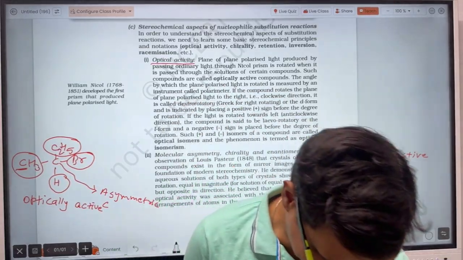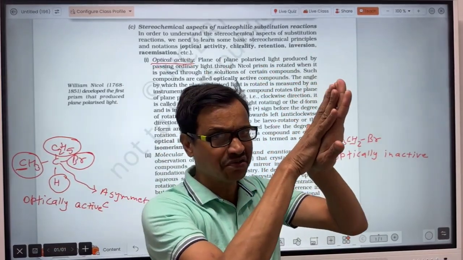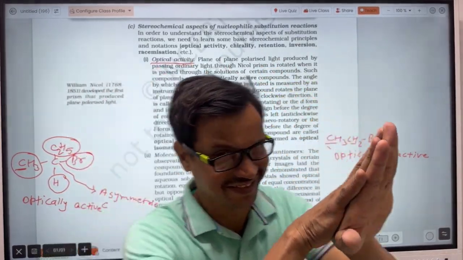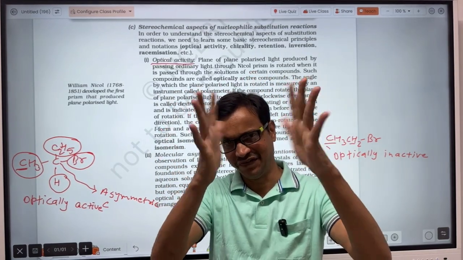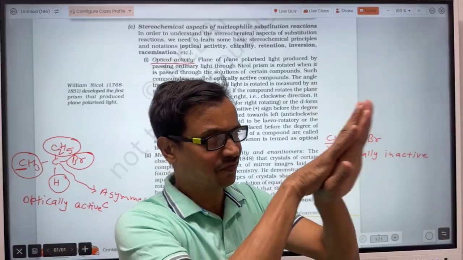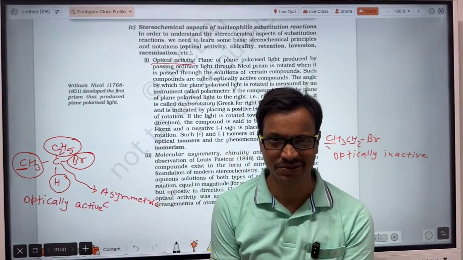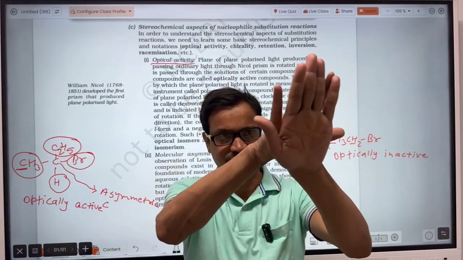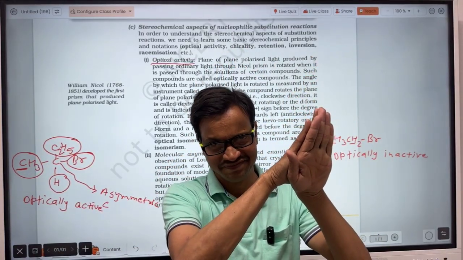Just think about why your left hand and right hand are not superimposable. The reason is that the fingers of your hand are of different lengths. The lengths of all the fingers are different. That's why your left hand and right hand are not superimposable on each other.